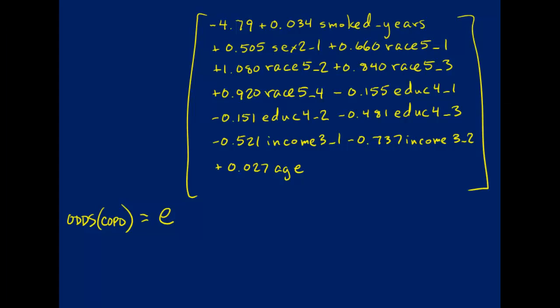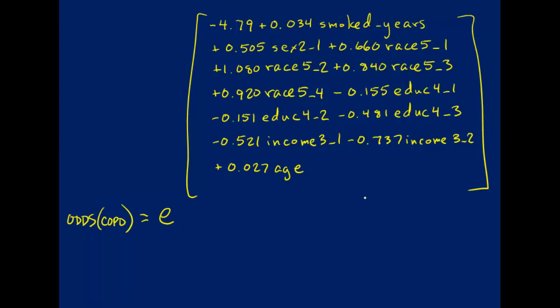So if we were to look at this model with the regression coefficients in it, it would look like this. Here we can see the structural part of the model. Here's the beta naught, the beta 1, 2, 3, 4, 5, etc., multiplied by each of the variables. For each individual in the data set, their values for these variables will be plugged into this equation, and e to the result of that calculation would give the odds of COPD for that person.